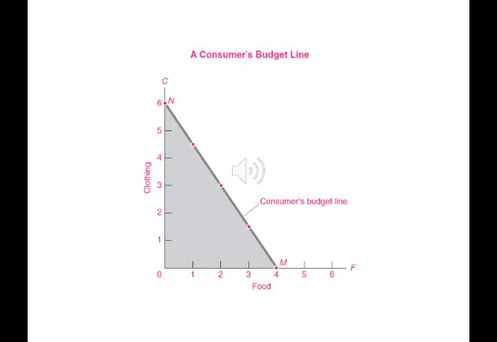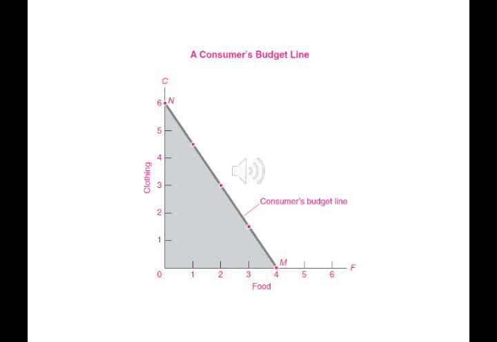So by dividing income by the price of food, we will know how many units the consumer can consume of food if he spends all his income only on food. So this will be equal to 6, which is income, divided by 1.5, which is the price of food. This will be equal to 4. So our horizontal intercept will lie at (4, 0), where the consumer spends all his income only on food.